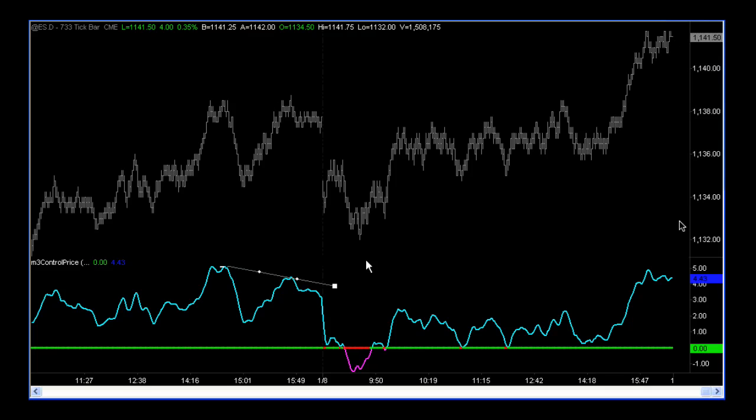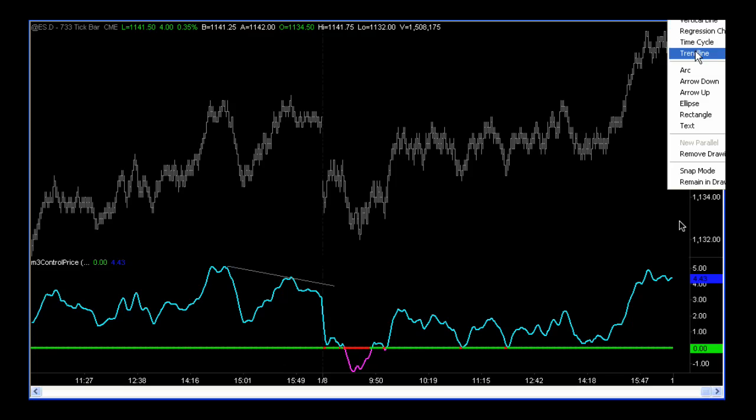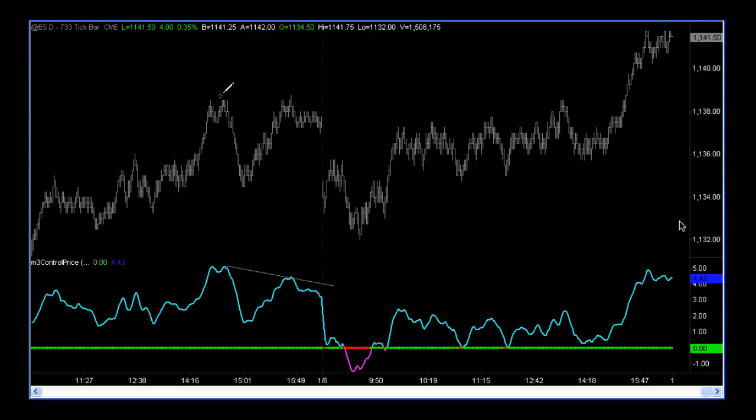And this gives you a very different kind of divergence than what you would normally be looking for out of a MACD or an RSI. Basically, what we're seeing here is the distance from control, the distance from the trend. And when you get a pretty good divergence, those are usually pretty good trades.